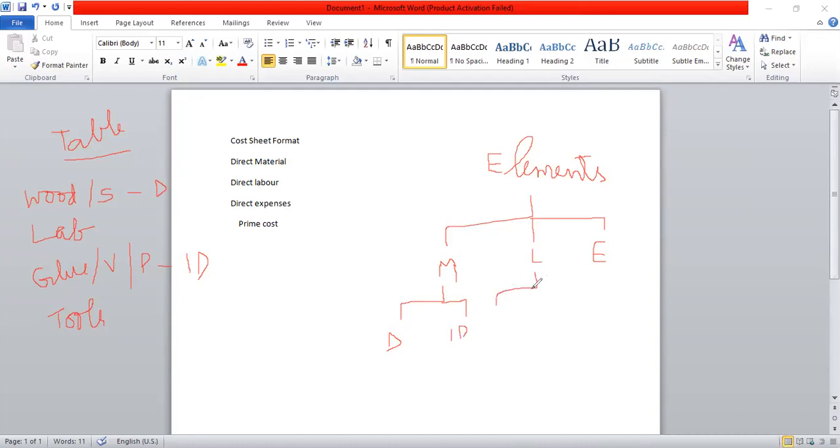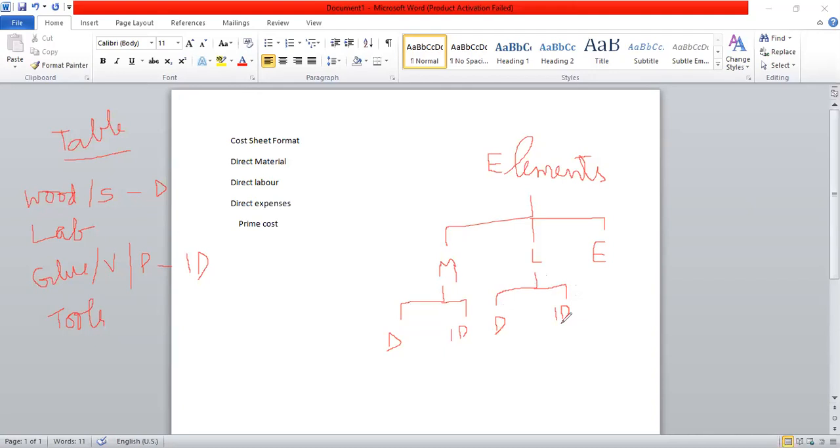Labor also, on a similar note, can be classified as direct labor and indirect labor. Suppose a worker is appointed to make these tables. Per unit of a table, what are his charges? Let's say he is paid 500 to make one piece of a table. So his wages, or the cost of labor, is identified with every single unit.